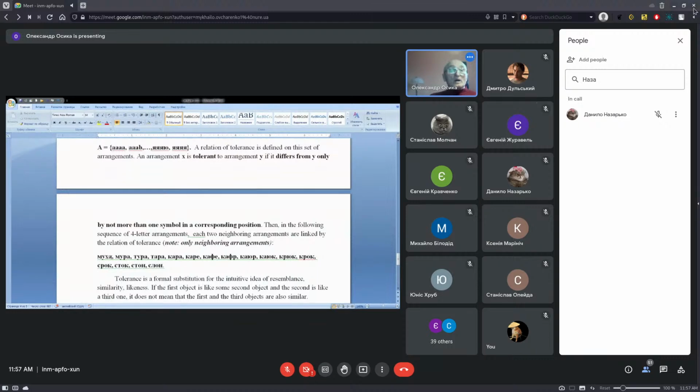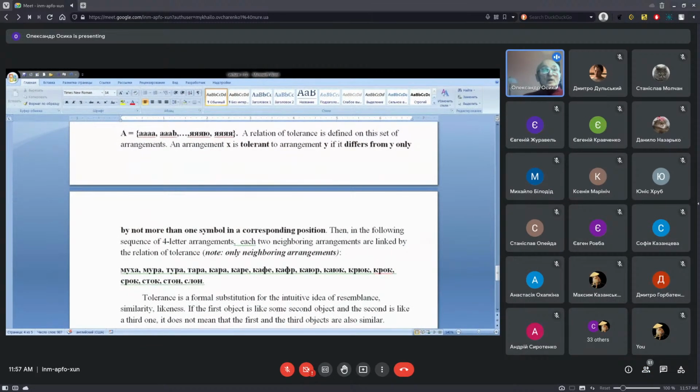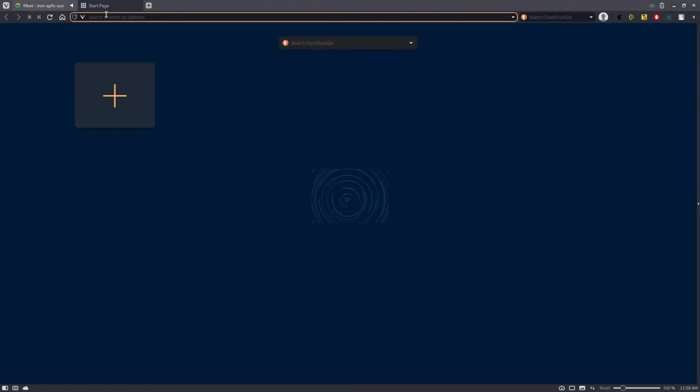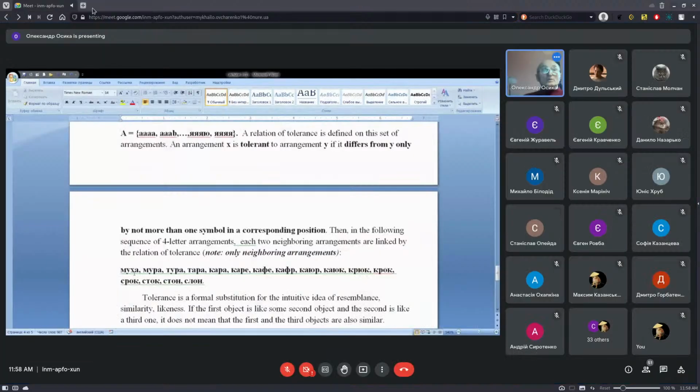Mucha differs from Mura in 1 position here. After that, Mura differs from Mucha in 1 position. That's why if Mucha is in the relation to Mura, then Mura is in the same relation to Mucha. It's quite clear, because they differ in 1 position.